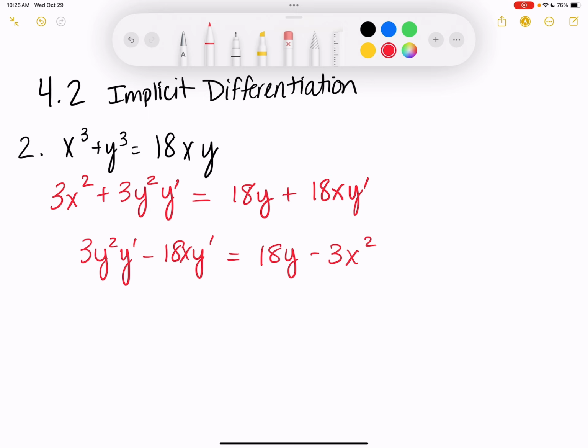Then at this point, just factor out the y prime from the pieces. So I've got y prime times 3y squared minus 18x equals 18y minus 3x squared.